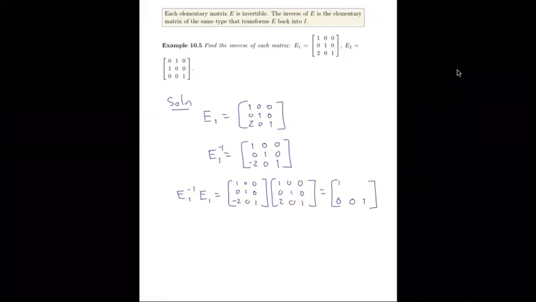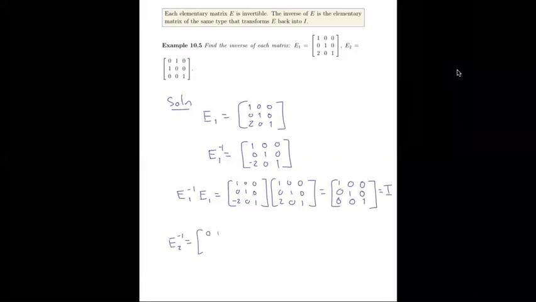And if you check the details, you should see that the rest of these are in fact this. And you do get the identity matrix for the 3 by 3 matrices. So E2 is a little bit easier. E2's inverse is just itself, right? If we swap rows 1 and 2, then if we swap rows 1 and 2 again, we're going to be right back where we were.